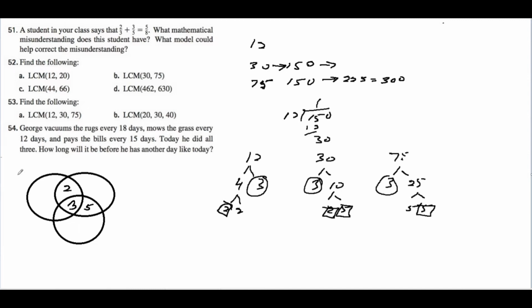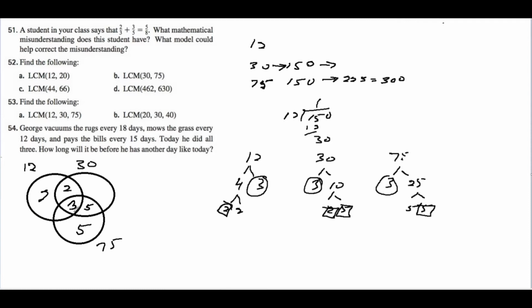Nothing's common between these. This is 12, 30, and 75. And then any numbers that are left over, there's a 2 left over here, and on the 30 everything's been accounted for, but there's a 5 here.